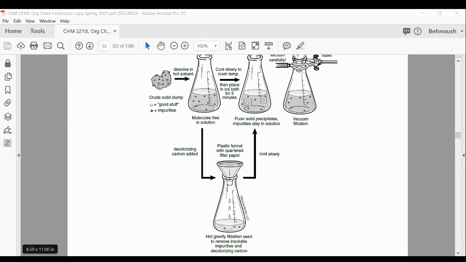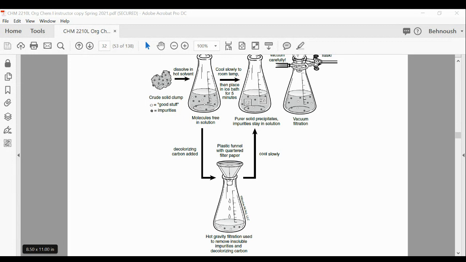So when the solution is at the boiling point or hot, if you see solid particles, that means those are impurities, because your sample should have dissolved before the boiling point of the solvent. Those impurities need to be separated, and that's the time that you are using hot filtration.